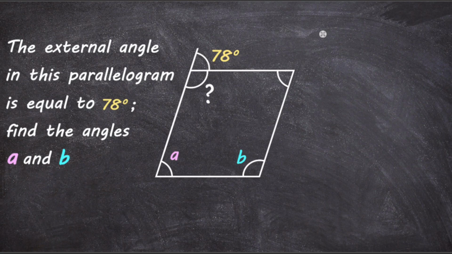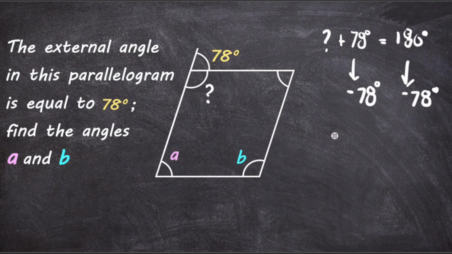And so we would have that the question mark angle plus 78 degrees equals 180 degrees. So now all we need to do to get the unknown angle is subtract 78 degrees from both sides. Well, what does that give us?